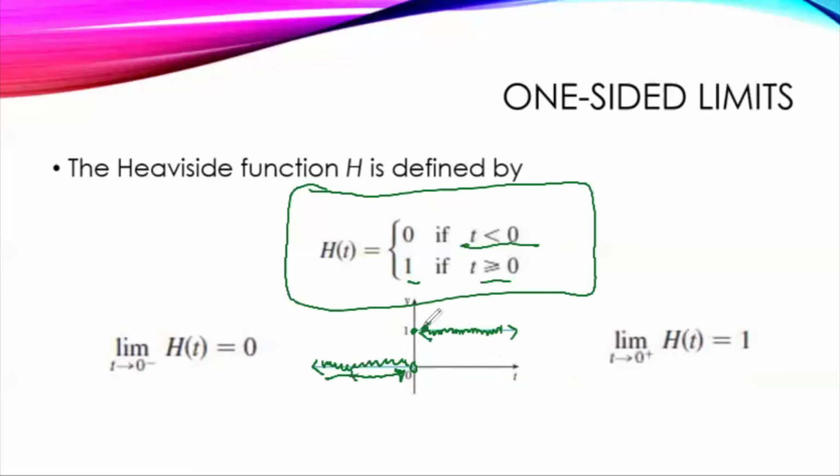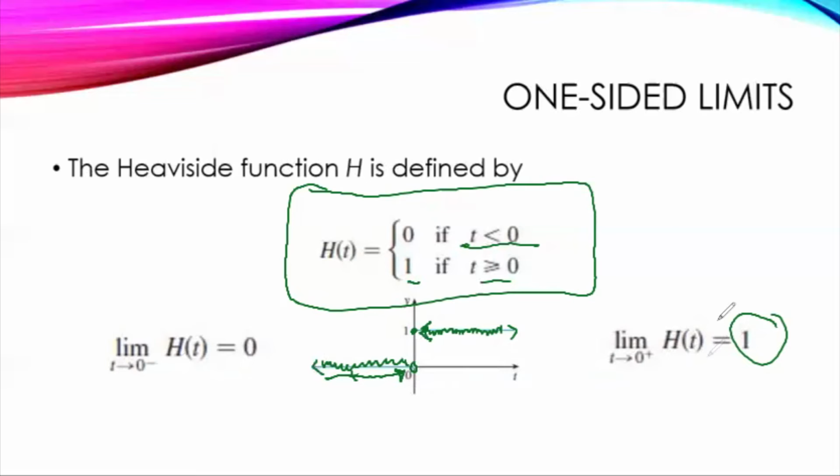It approaches 1. And that is the limit of h of t as t approaches 0 from the right. Now, what have you noticed? Maybe you observe that the limit as t approaches 0 from the left is 0, which is not equal to the limit as t approaches 0 from the right, because it is 1. So the left-hand side limit is not equal to the right-hand side limit.